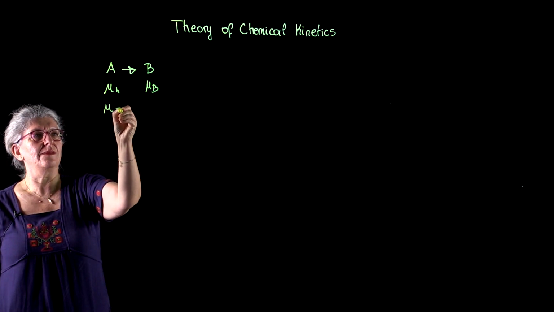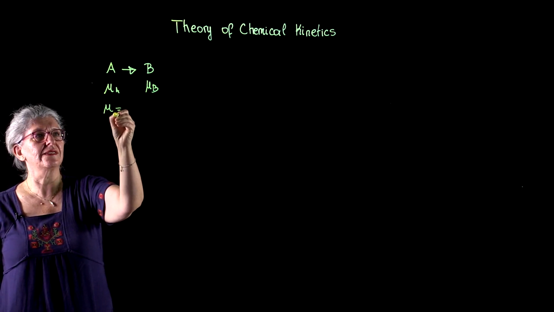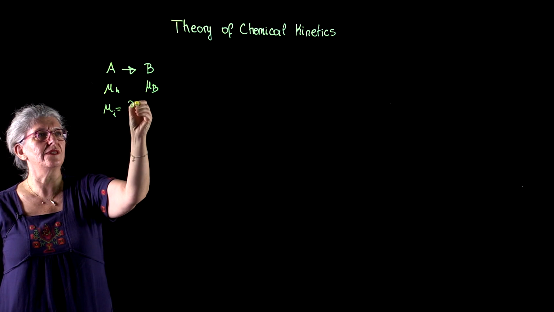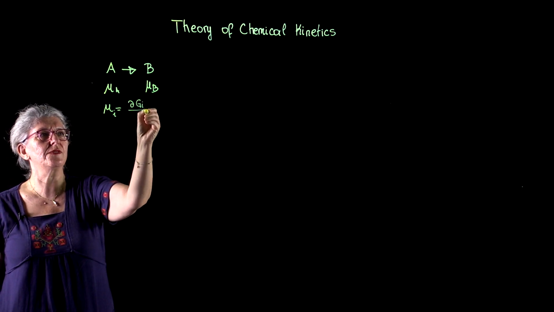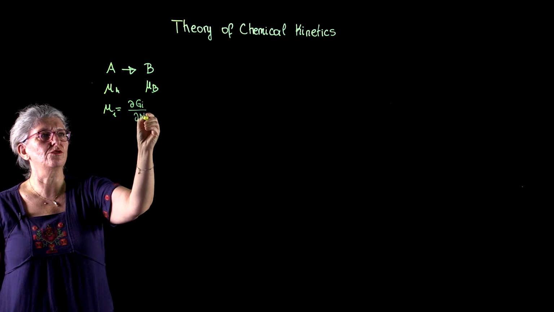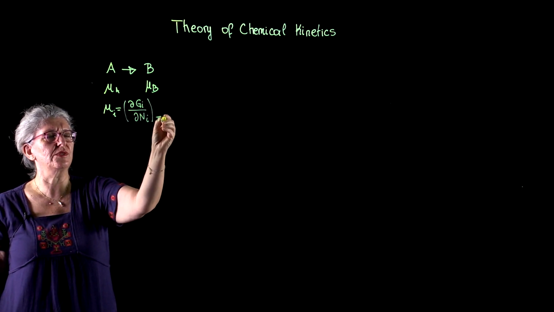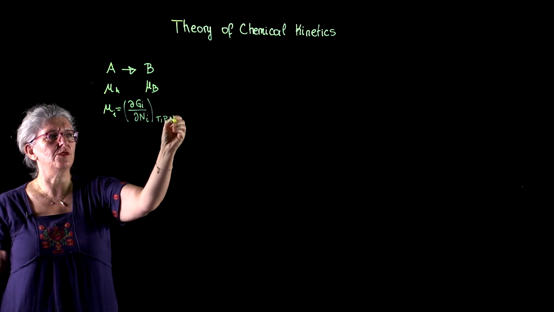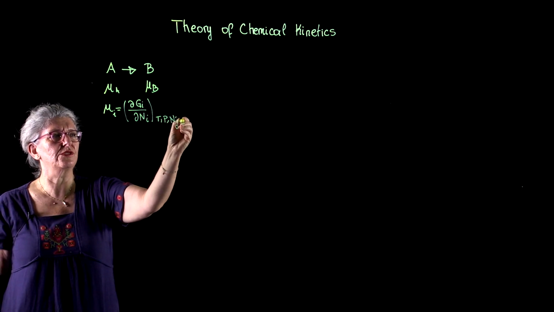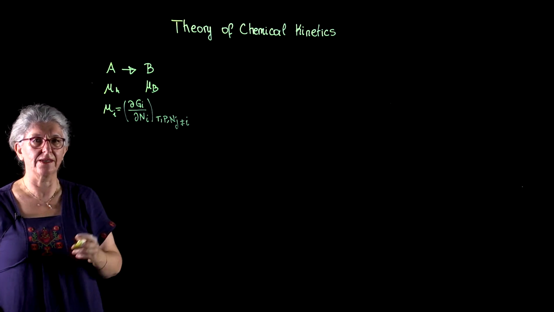The chemical potential is defined as the partial derivative of the total Gibbs free energy with respect to the number of moles of component I, keeping temperature, pressure, and number of moles of component J that are different from I constant.